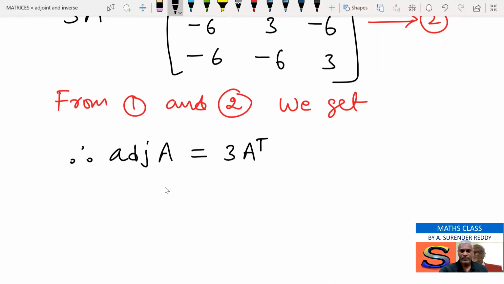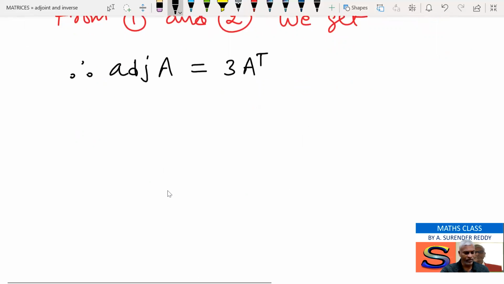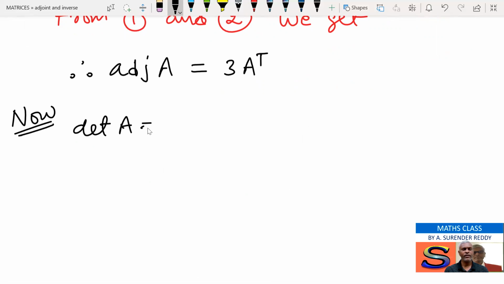And next we have to find the inverse matrix also. So for inverse, we need to find the determinant. Now let us find the determinant, that is A1 capital A1, B1 capital B1, and C1 capital C1.